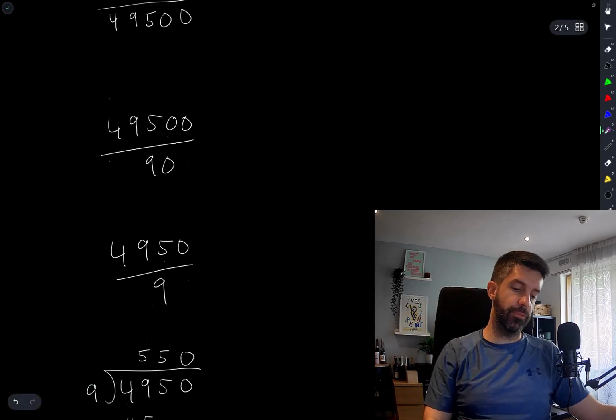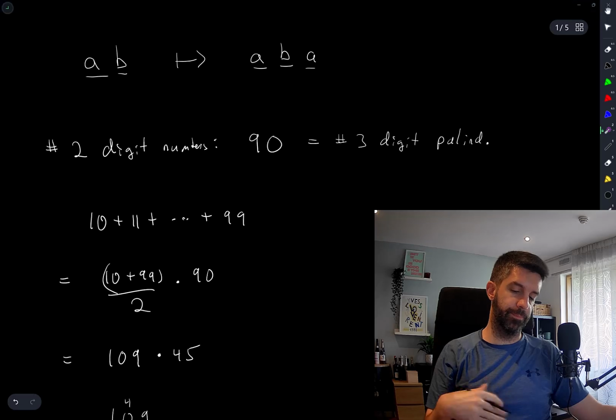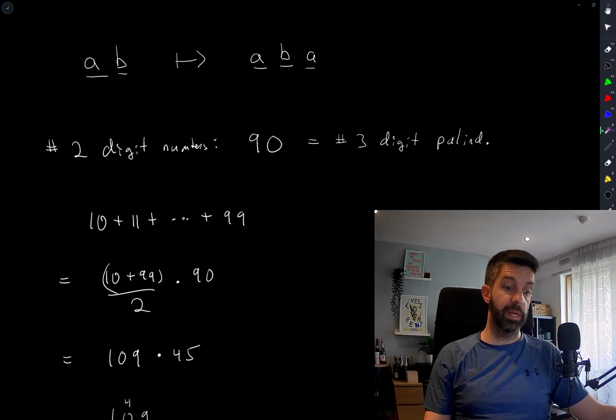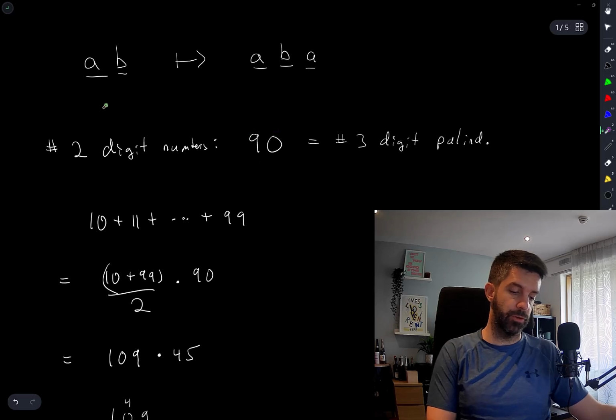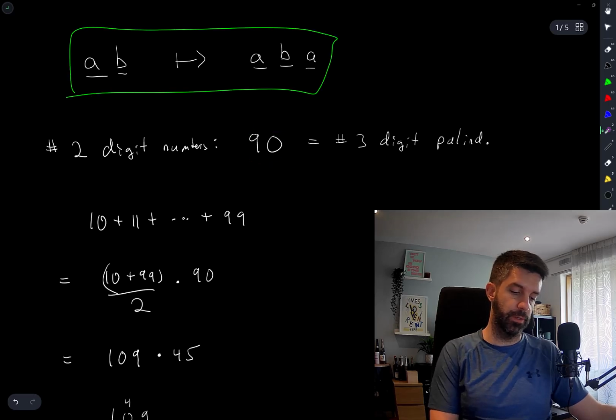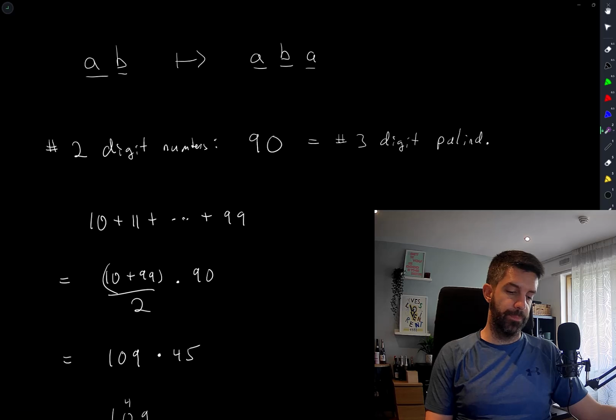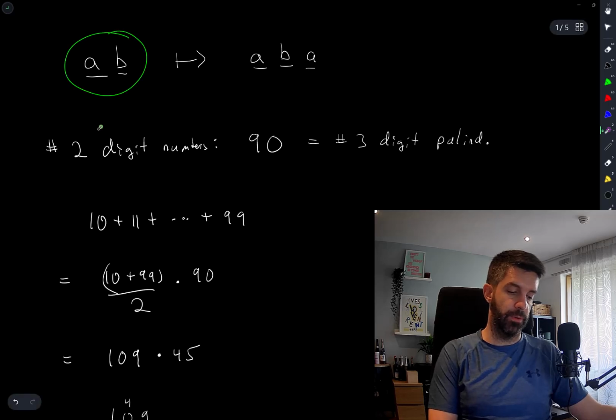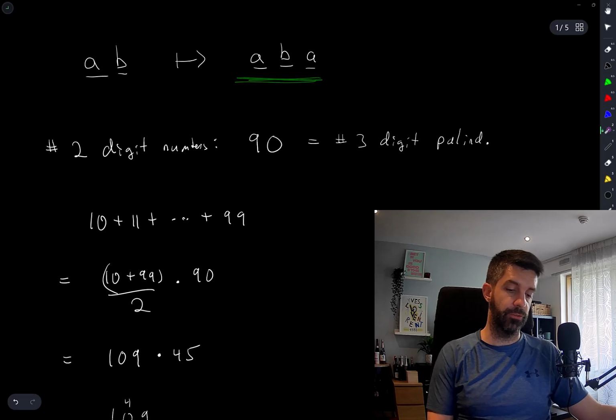Maybe I could have been more organized about this, certainly. I mean, it's clear that there are 90 palindromes. This is a bijection. So for any 2-digit number, of which there are 90 of them, there is a 3-digit palindrome.